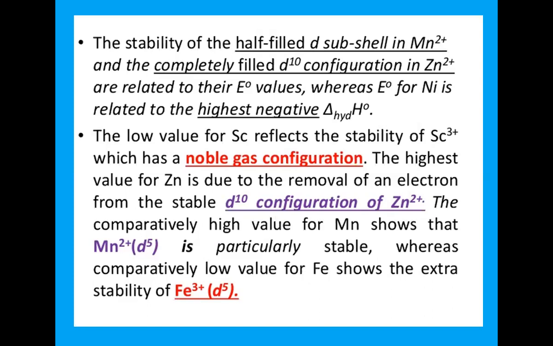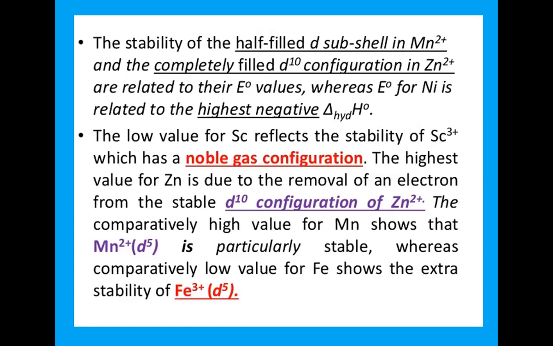Why does Mn+2 show a negative electrode potential? It is because of the half-filled d subshell configuration. Why does zinc show negative? It is because of the completely filled d10 configuration. Why does nickel also show a negative value? It is because of its high negative enthalpy of hydration.